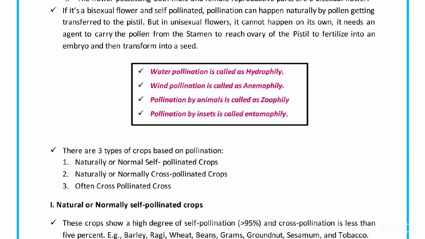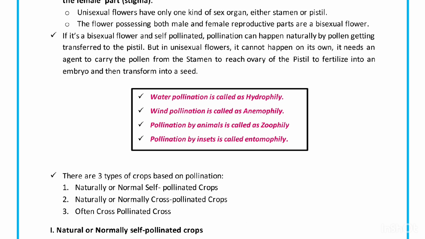Okay. So after understanding the meaning of pollination, let us see the classification based on mode of pollination. Students, the very first mode of pollination is self-pollination. As the name suggests, self-pollination means the flower is self-pollinated.